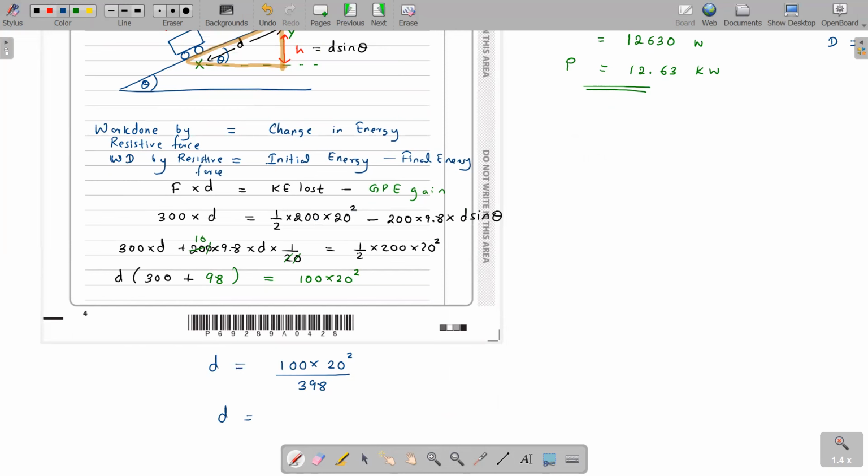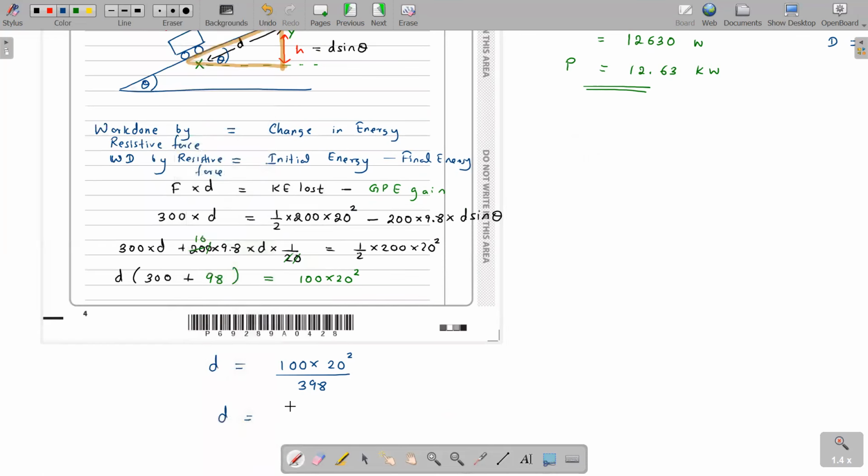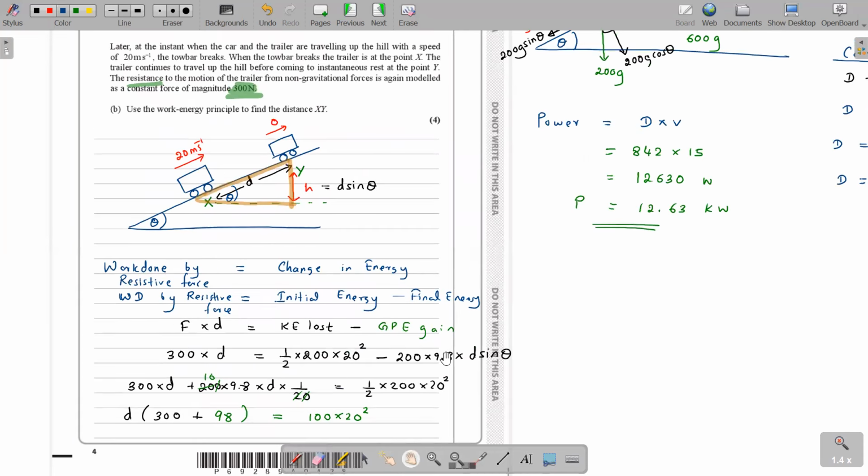We get 100. Can I know the decimal figure? Yes, 100.5025. And do they want it to 2SF or 3SF?